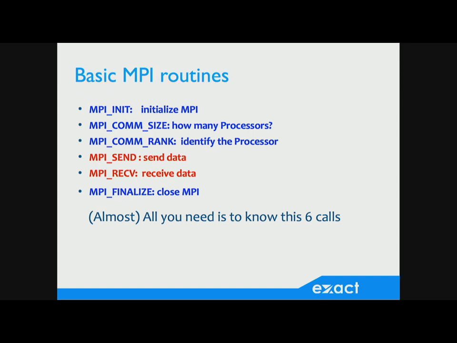So: who am I, and how many processors can I run on. You can easily see the equivalent in OpenMP, the number of threads and the thread number. In any case, you have two pieces of information that tell you where you are. And then we have MPI_Finalize to close MPI, which should match the MPI_Init.